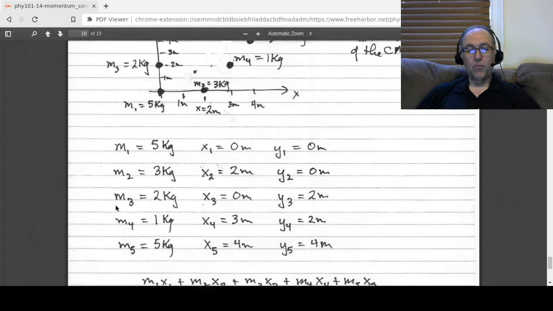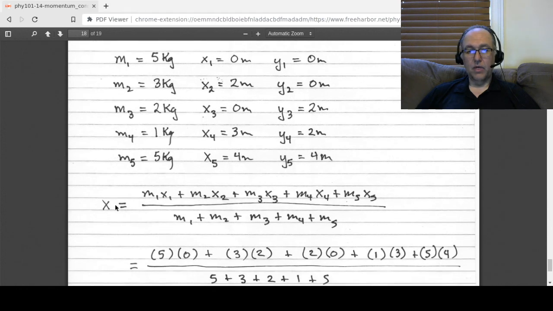Now we calculate the x and y components of the center of mass. Here's the formula, exactly the formula above, only now expanded for 5 masses. So we have m1x1 plus m2x2 plus m3x3 plus m4x4 plus m5x5. It's easy enough to plug in the numbers.